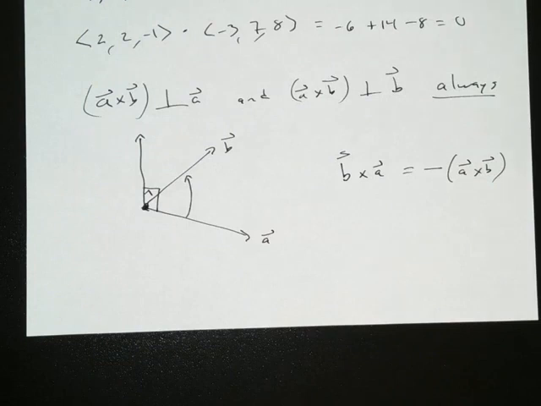All the numbers stay the same. So if I did 2, 2, 1 cross 3, negative 1, 2, if I switch the order, I'd get positive 3, negative 7, negative 8. Numbers would be the same, the signs would be reversed. Again, a matrix reason for linear algebra that justifies that. You're switching the rows in the matrix you've drawn. That changes the IJK pluses and minuses. But it doesn't change anything else.